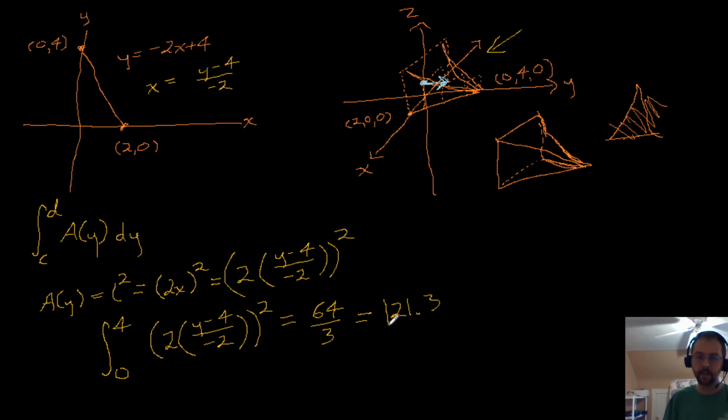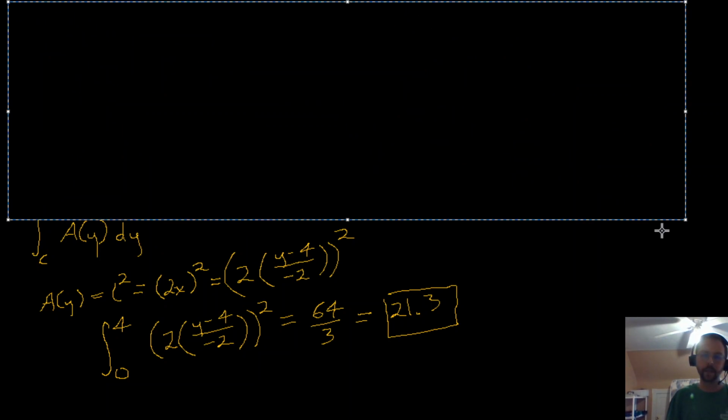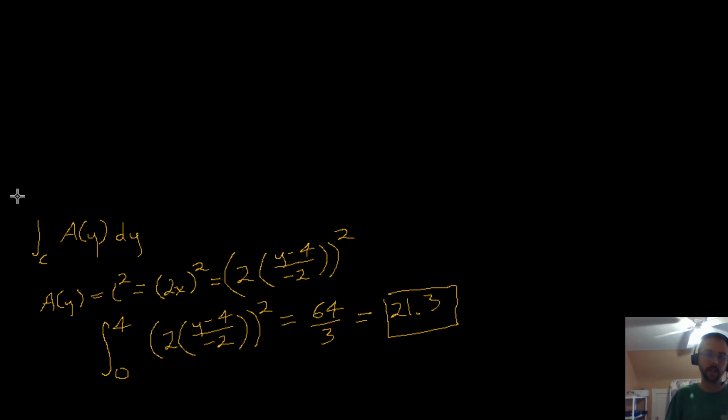So this is the volume of this shape. All right, so that was another application of how you can set up an integral. And you'll notice, hopefully, the common theme here is that you're adding up thin slices, basically. That's the common theme.